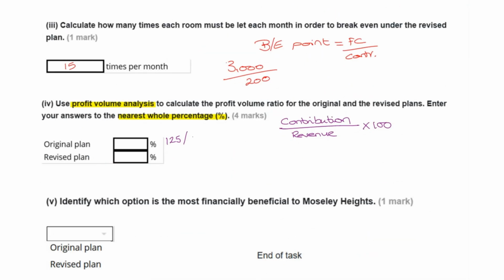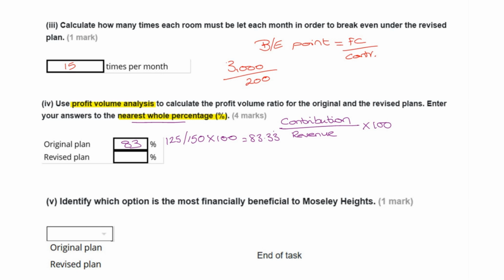Divide that by 150, which is the revenue per day, and multiply that by 100, and you get 83.33 recurring. And we're doing it to the nearest whole percentage, so the nearest percentage is 83%.